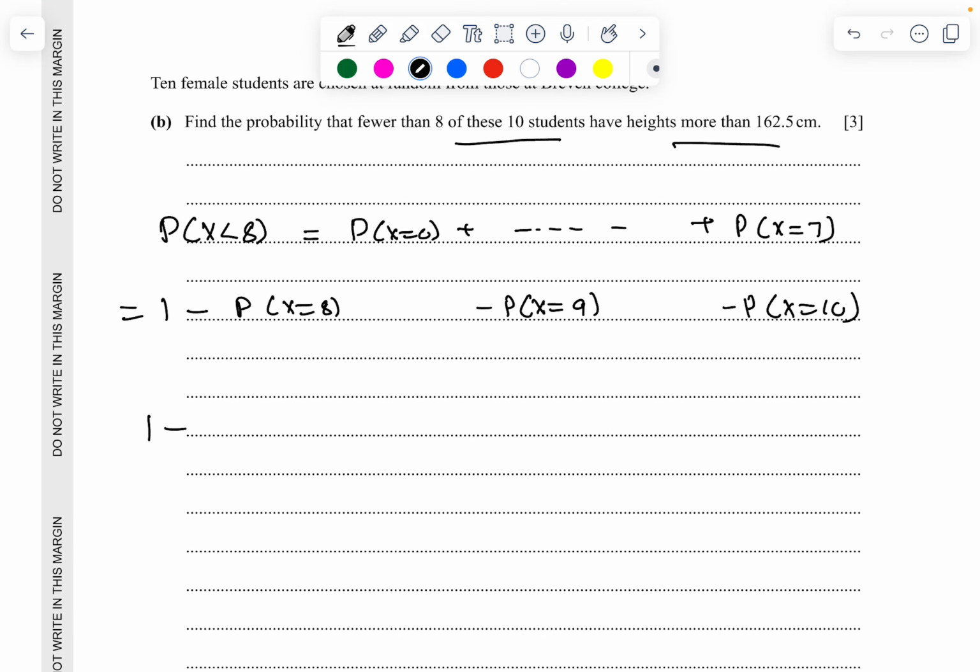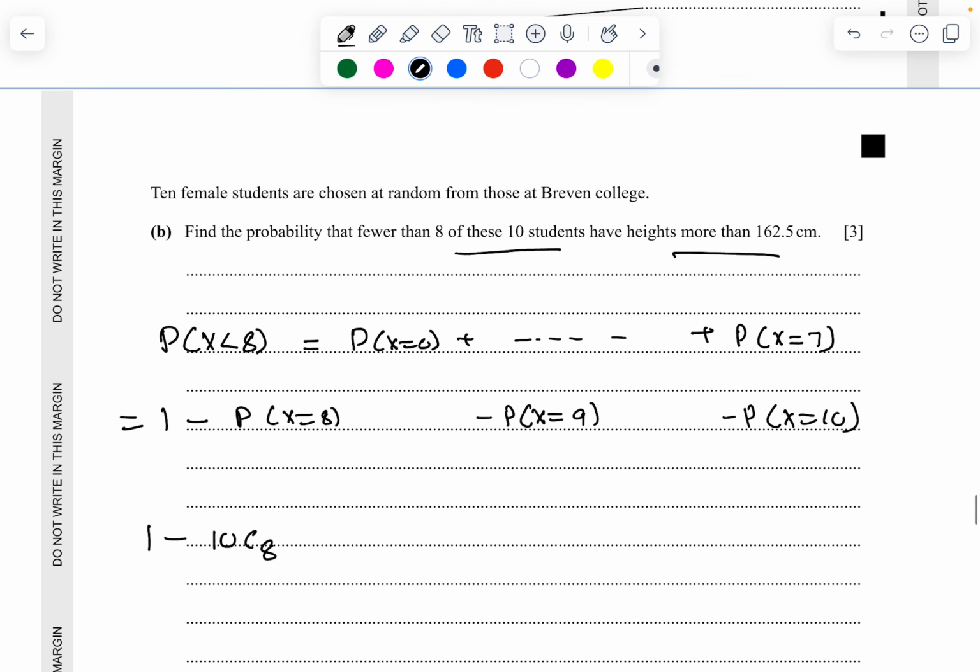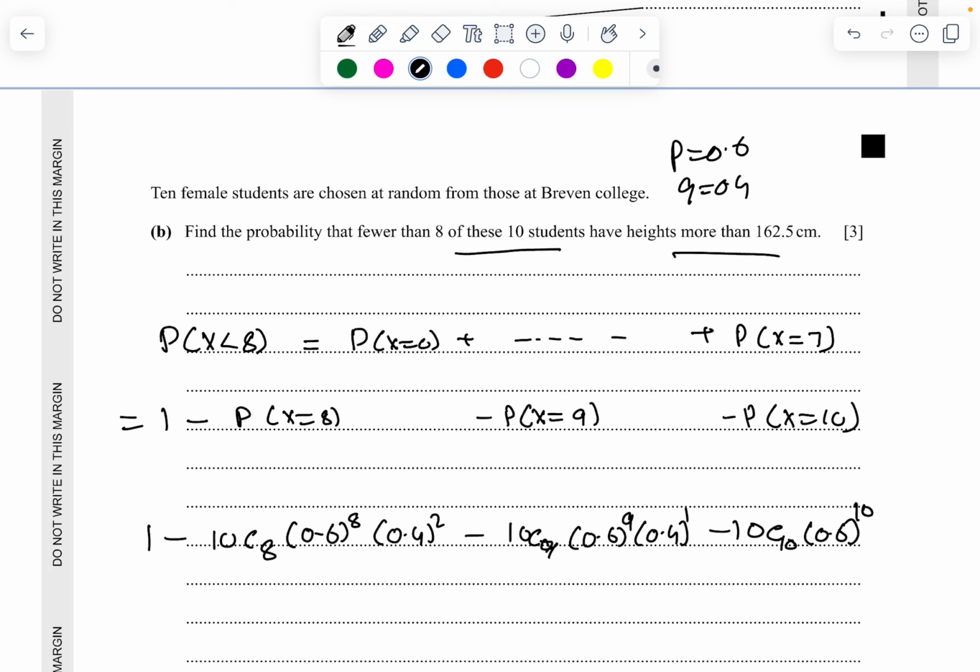So 1 minus 10C8, where p is 0.6 and q is 0.4: 0.6 to the power of 8, 0.4 to the power of 2, then 10C9, 0.6 to the power of 9, 0.4 to the power of 1, minus 10C10, 0.6 to the power of 10, 0.4 to the power of 0.